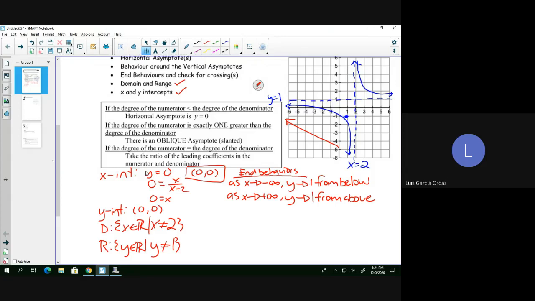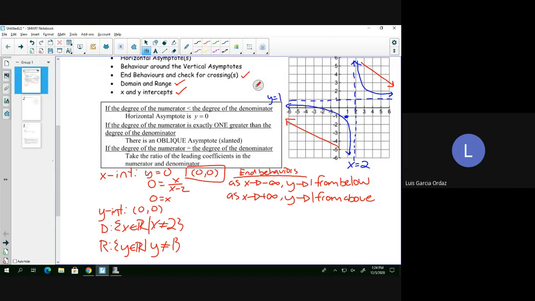And as x approaches the positive infinities, y is going to approach 1 from above because it's coming from the top and coming down towards it. So our end behaviors are done.